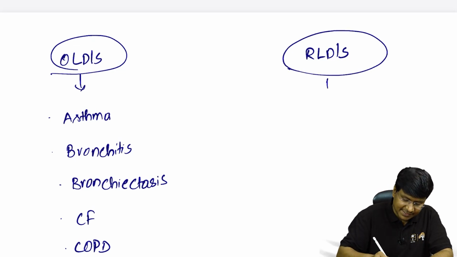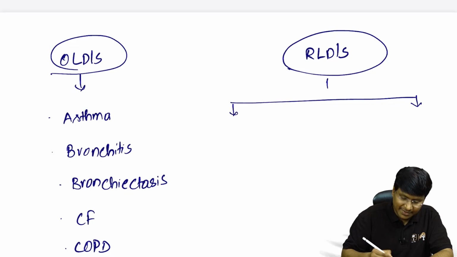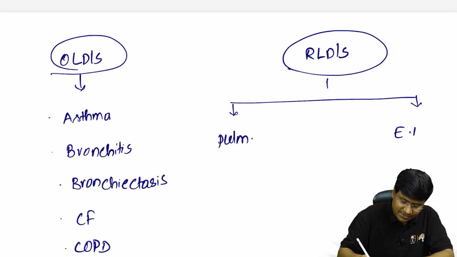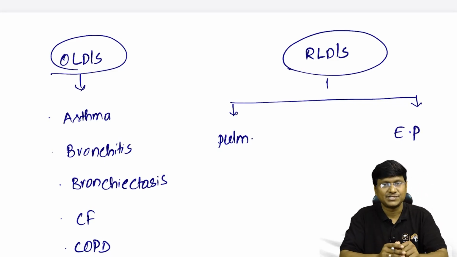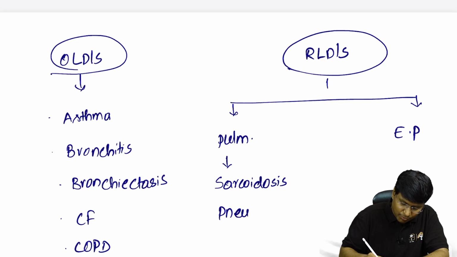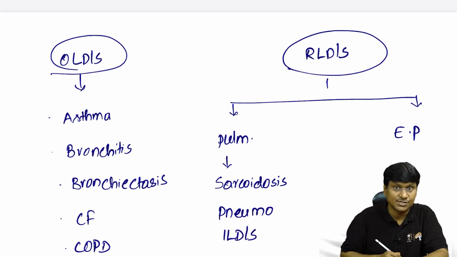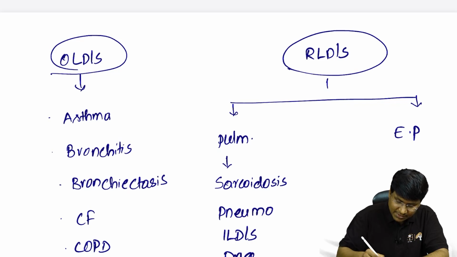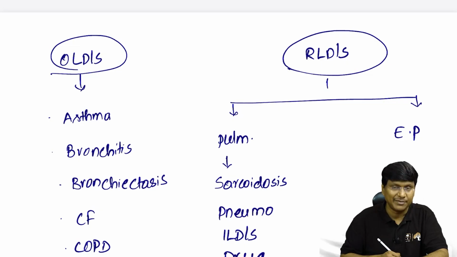Whereas restrictive lung diseases, we classify into pulmonary and extrapulmonary causes. Pulmonary causes for restrictive lung diseases are sarcoidosis, pneumoconiosis, interstitial lung disease, and drug-induced fibrosis, like amiodarone causing fibrosis.